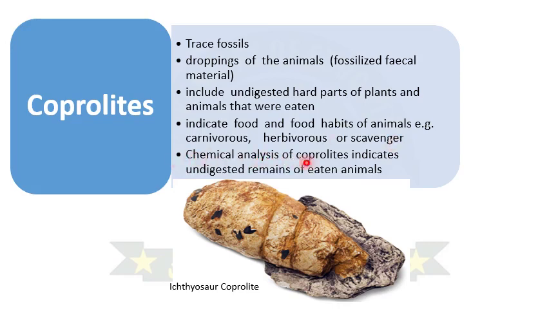The chemical analysis of coprolite indicates undigested remains of eaten animals. So in this we can find undigested remains of the organism that was eaten by the organism whose coprolite was fossilized. Here is the diagram of a coprolite, an Ichthyosaurus coprolite.